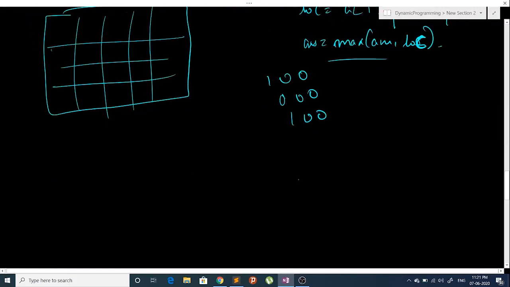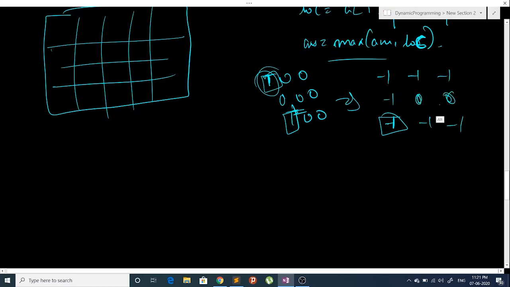I can mark all the rows and columns containing a 1 as -1. So I'll mark -1 -1 -1 -1, and where the 1 is I'll not mark it, so I'll have 1 here. Now for this one I will just mark -1, so it will become -1 -1 -1. These are already marked, the rest are 0.